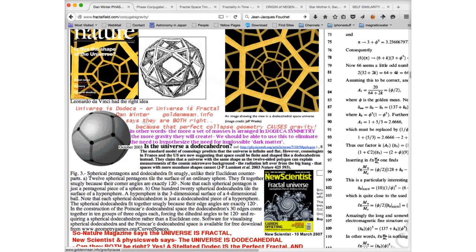I say they're wrong. I say that the mass of the universe, which is now known and proven to be arranged in a dodecahedron, that's old news, makes more gravity because when you put masses in a dodecahedron, you get extra gravity. And by the way, there are some pretty simple microgravity measurement experiments that could prove me right.